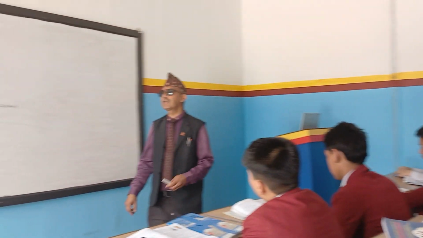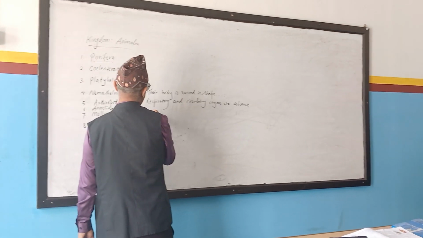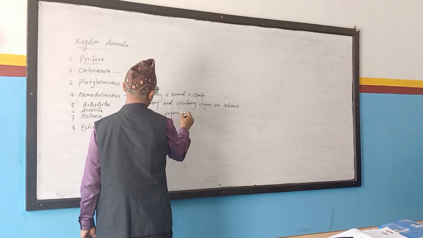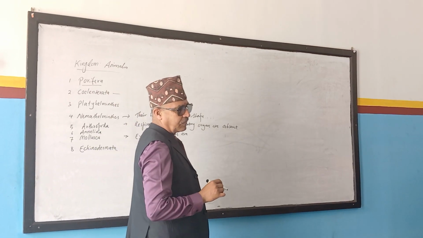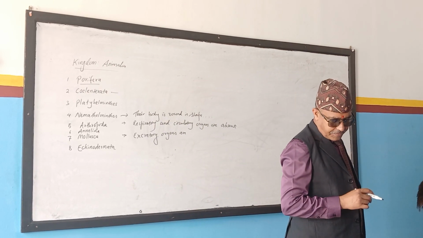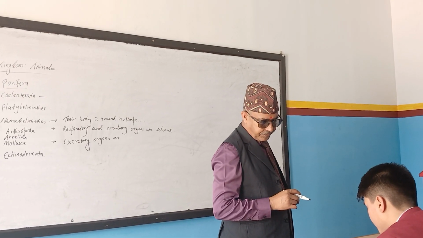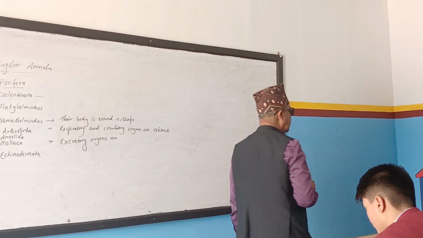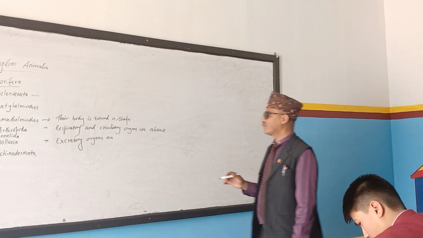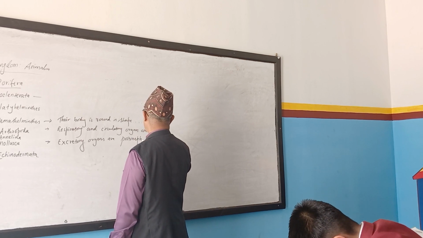They excrete, they throw out waste material with which part? What are the excretory organs? Flame cells or protonephridia. Protonephridia. Excretory organs are protonephridia.